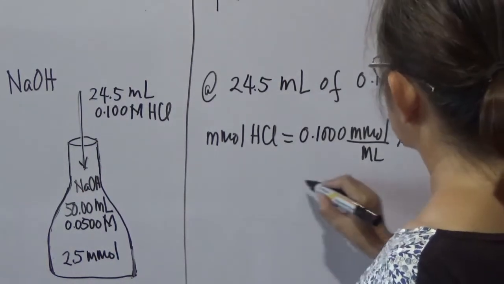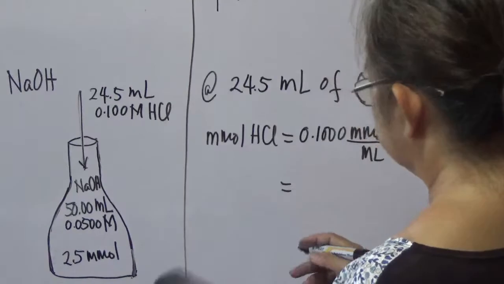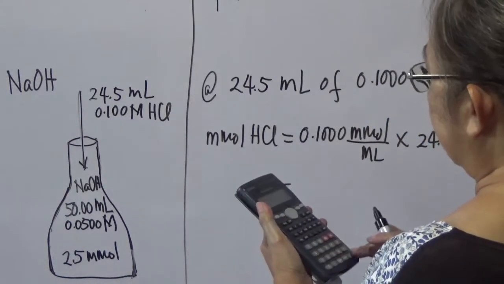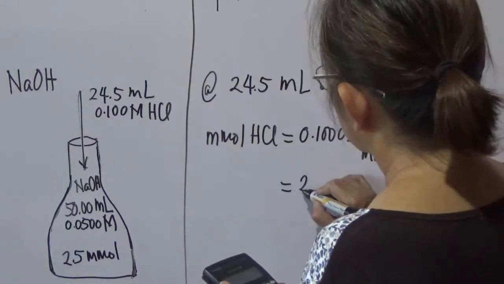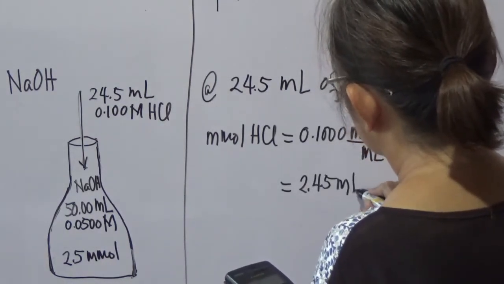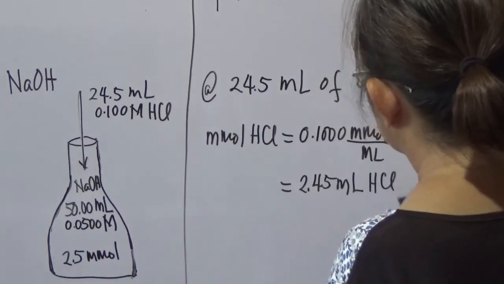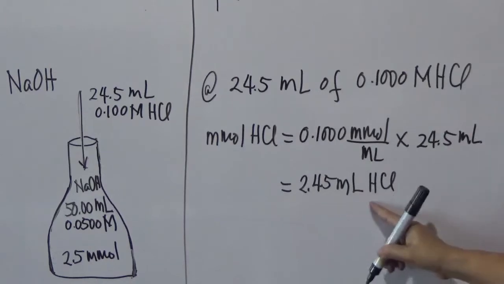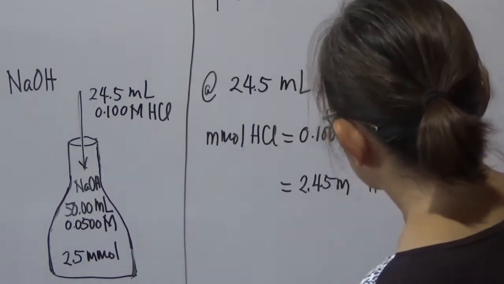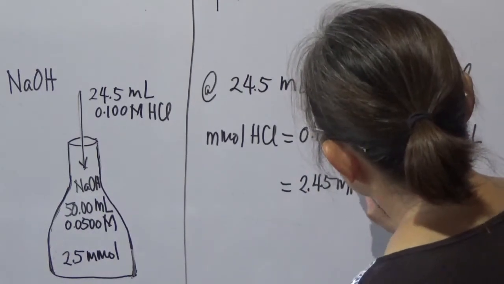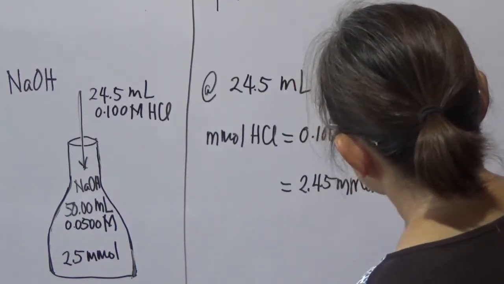So this is equal to 0.1 times 24.5. So that is 2.45 millimole of hydrochloric acid. Okay. Now, this amount is millimole of hydrochloric acid.